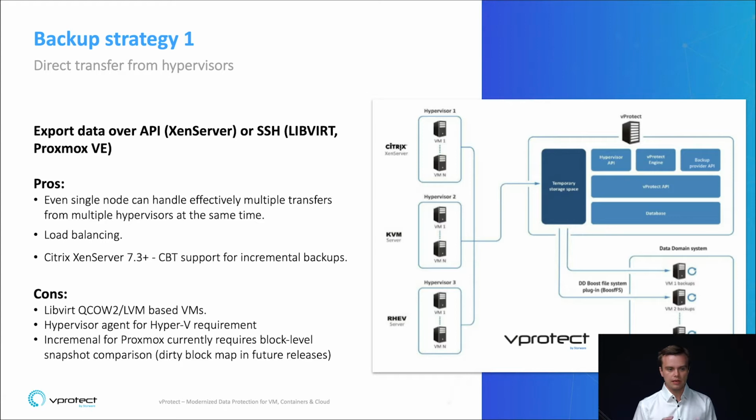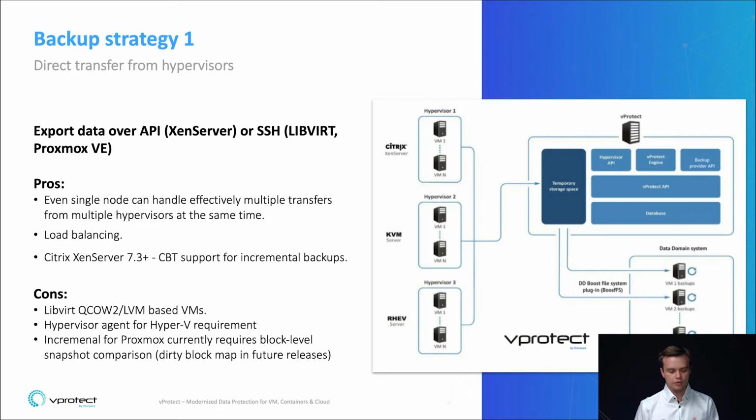This means that if we have 10 backup tasks, and we have, let's say, 10 hypervisors that are going to be used during this particular backup job, we will try to access all of these hypervisors simultaneously, rather than running all of the jobs on the first hypervisor and then going to the other one. There are some cons. This strategy obviously is currently limited to QCOW2-based VMs in the Proxmox environment.